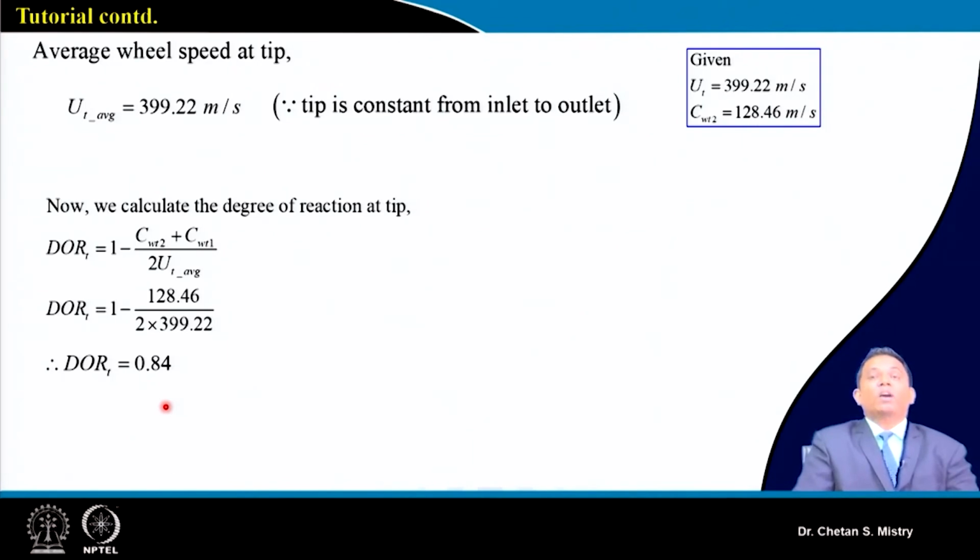Again we will be doing our peripheral speed averaging, and this average value comes to 399.22 meter per second, and that gives a degree of reaction of 0.84. Now all these numbers we are discussing in the sense of degree of reaction, you must realize the meaning of this degree of reaction. It varies all the way from hub to tip.